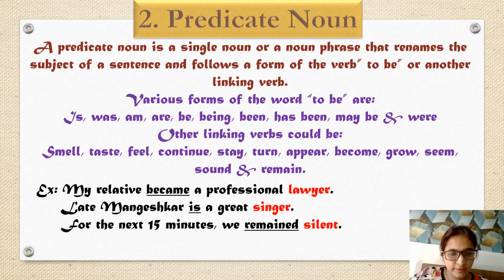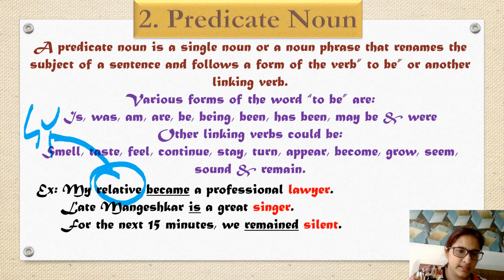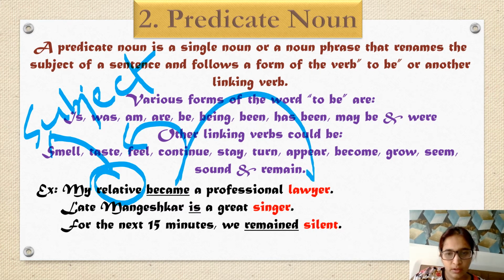Now, "My relative became a professional lawyer." In this case, you can clearly see that we are talking about my relative, so "my relative" is the subject. But what is the immediate verb after that? The linking verb here is "became." Became what? Did he become the relative? No, he became a lawyer.